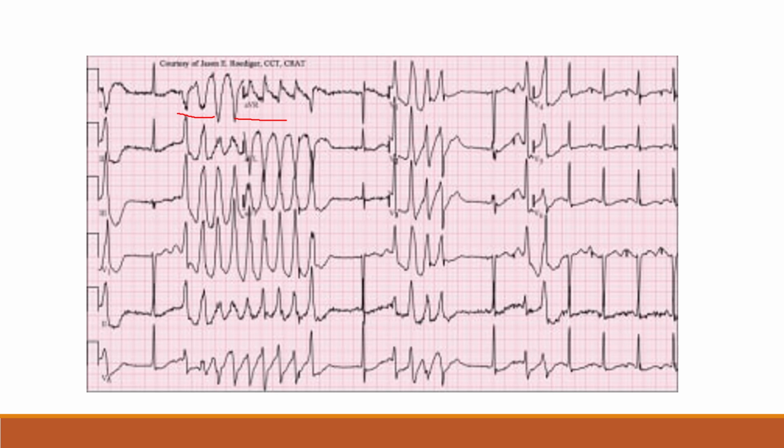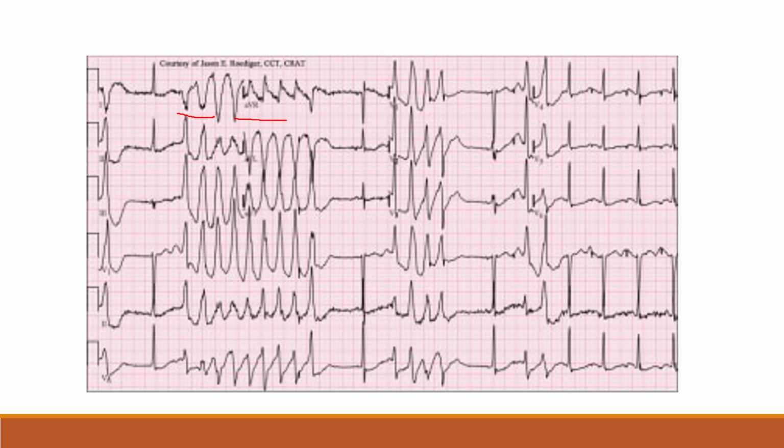So we have multiple different looks on this ECG. That's how we name it, polymorphic. And obviously this is a ventricular tachycardia, and we add these keywords together: polymorphic ventricular tachycardia, which means we have Torsades de pointes, which is a very, very critical situation.